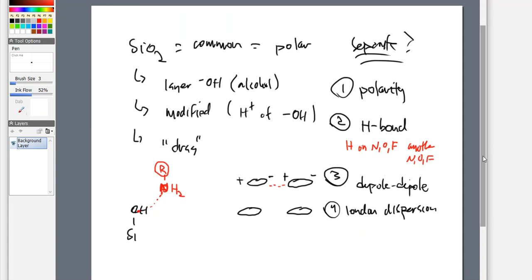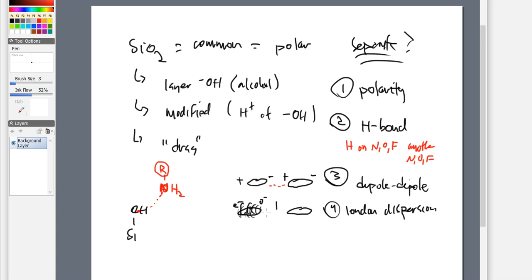As they spin around and around and around, there is a statistical chance that electrons will become lopsided on one side of the molecule. And if electrons go on one side of that molecule and create a temporary charge, well, electrons are negative, so they would create a temporary negative charge.